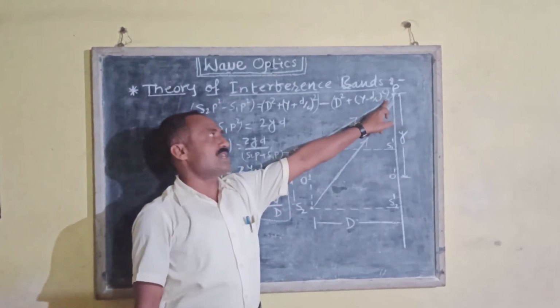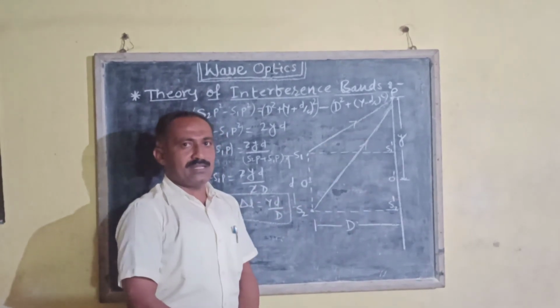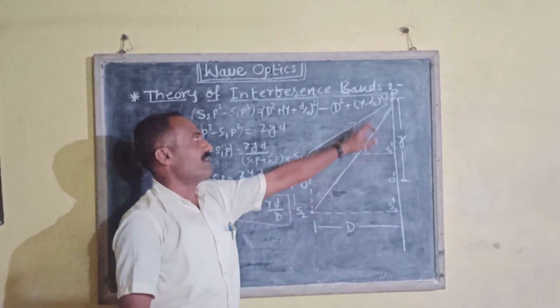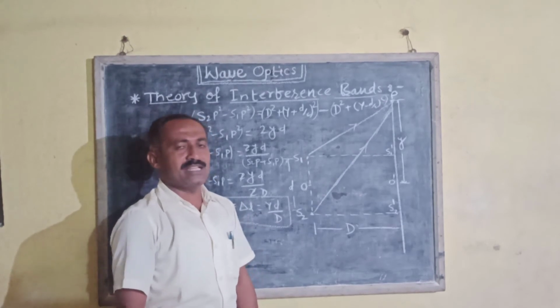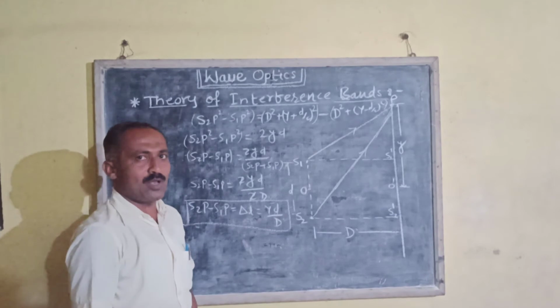Now, for the fringe P to appear bright, the two wavelets arriving at the point are in the same phase, that is constructive interference, so the path difference is an integral multiple of wavelength.